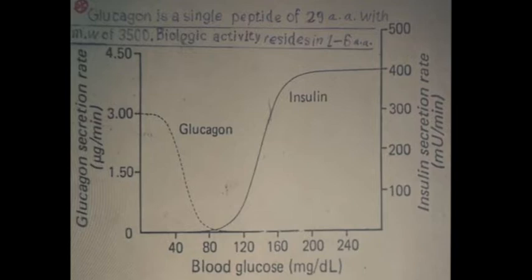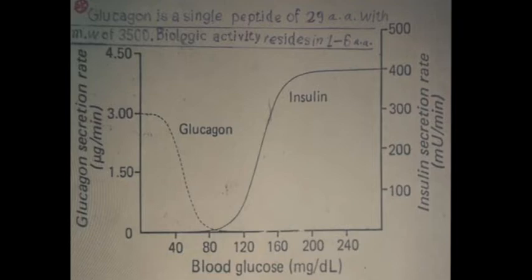When we talked about hormonal interactions, you remember we talked about the permissive interaction, the synergism, and also the antagonism, and we gave an example. Insulin is the only hypoglycemic hormone, and glucagon is the most potent hyperglycemic hormone. They oppose each other.